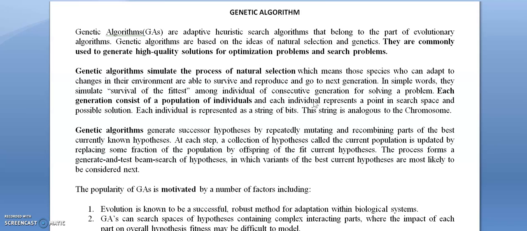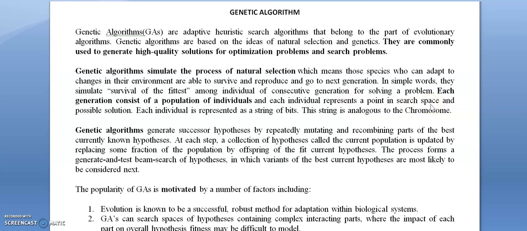So here the motive is to find the best possible set of solutions for the given problem. So that set of solutions is represented by the population. So here each generation consists of a population of individuals, and each individual represents a point in the search space.